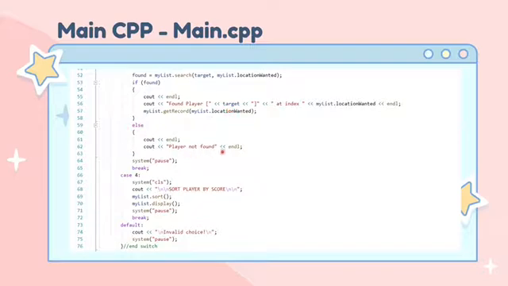But if you have entered an invalid player's ID, it will display player not found. If you choose 4, it will call the method sort and the method display. It will sort the player's record from the highest to the lowest score, and it will display all the records.